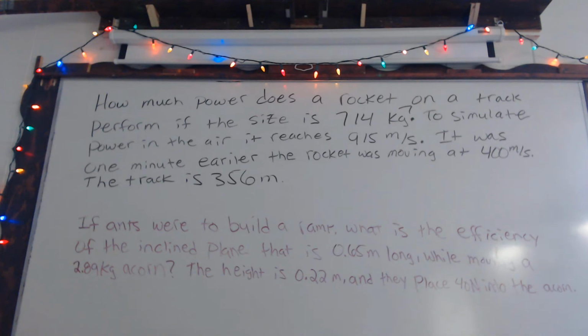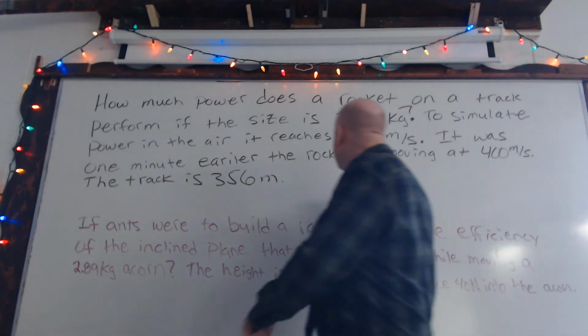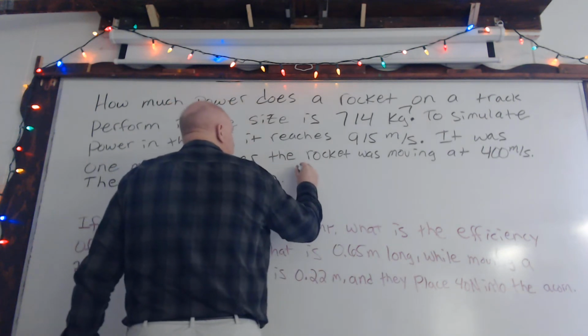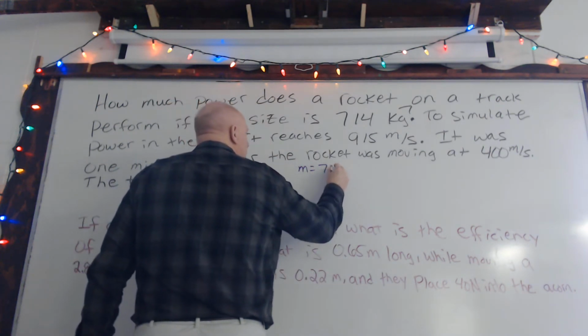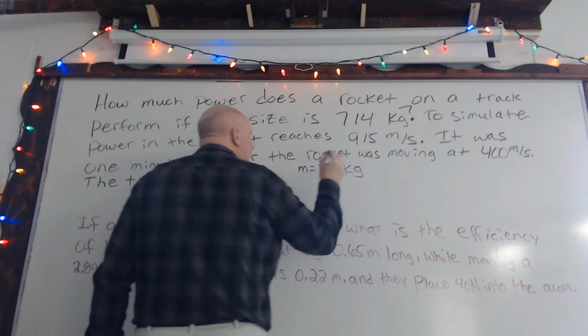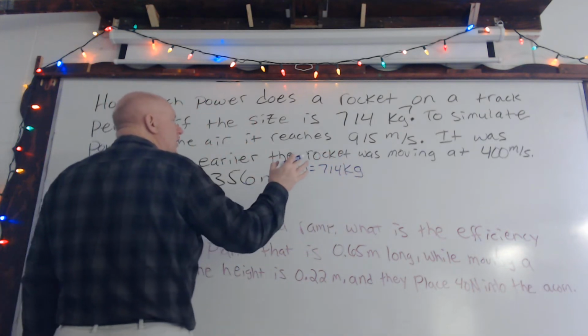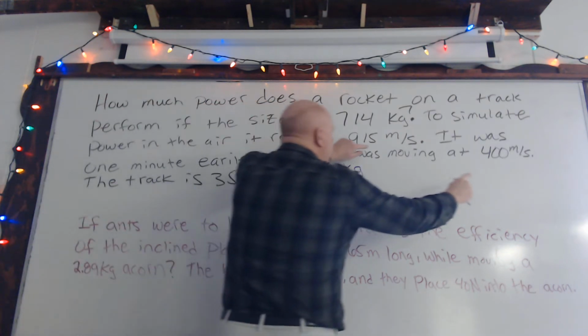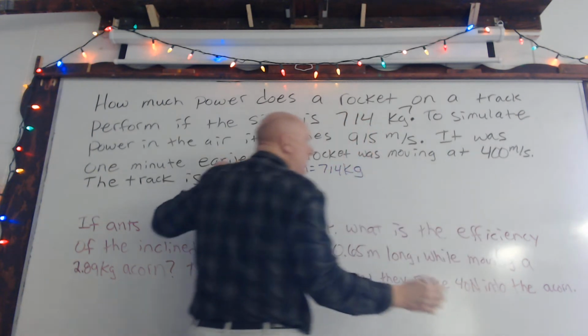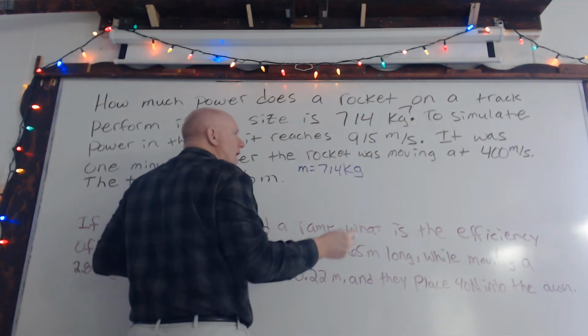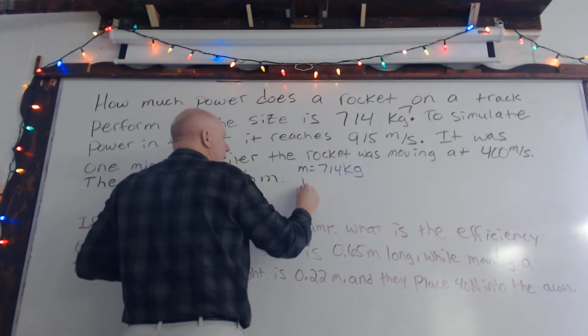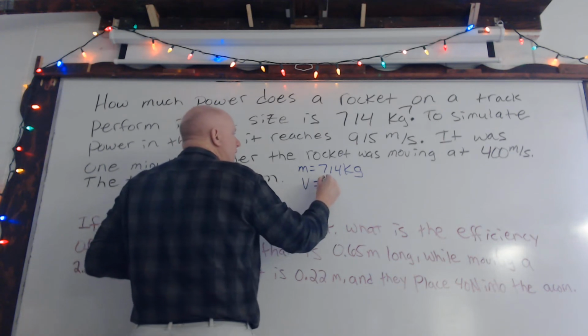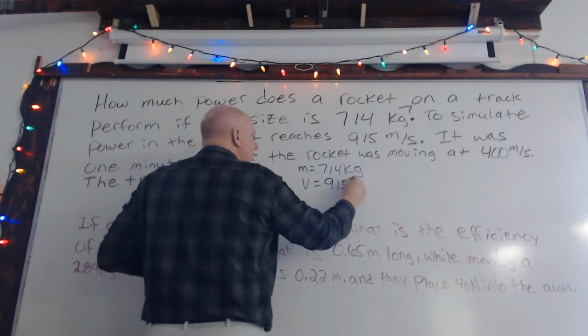So in this problem, we've got our mass, which equals 714 kilograms. Okay, and then it's talking about these two variables, and since they're measured in meters per second, we know that's not an acceleration, but rather that of velocity. So we'll just go ahead and write them in here for right now.